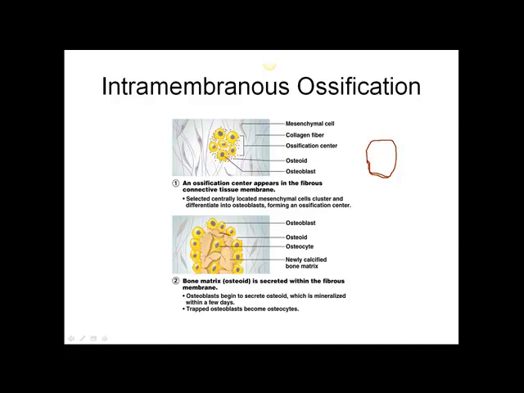Osteoid. And it will form bone tissue, and then it grows from the outside. This will make osteoid here, and another cell will be here, and in this way it makes bone matrix within that fibrous membrane, and that's that. It's pretty simple.